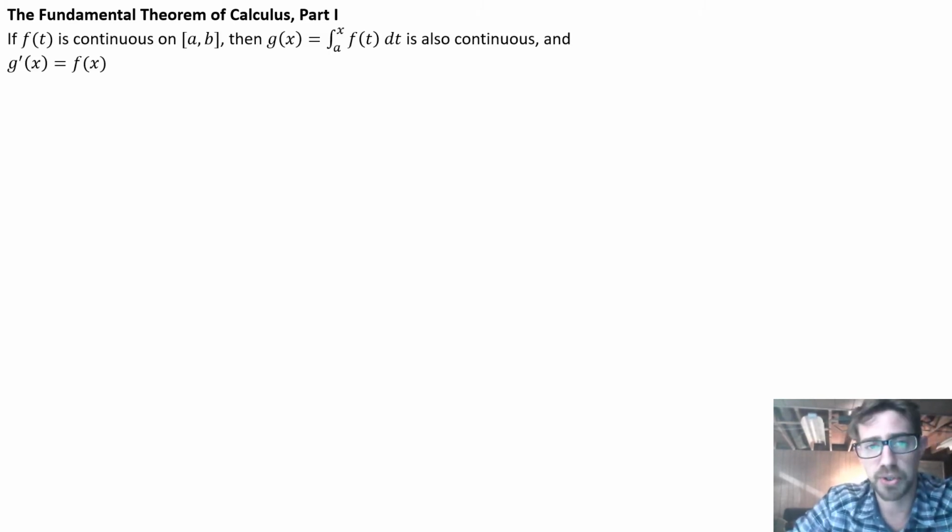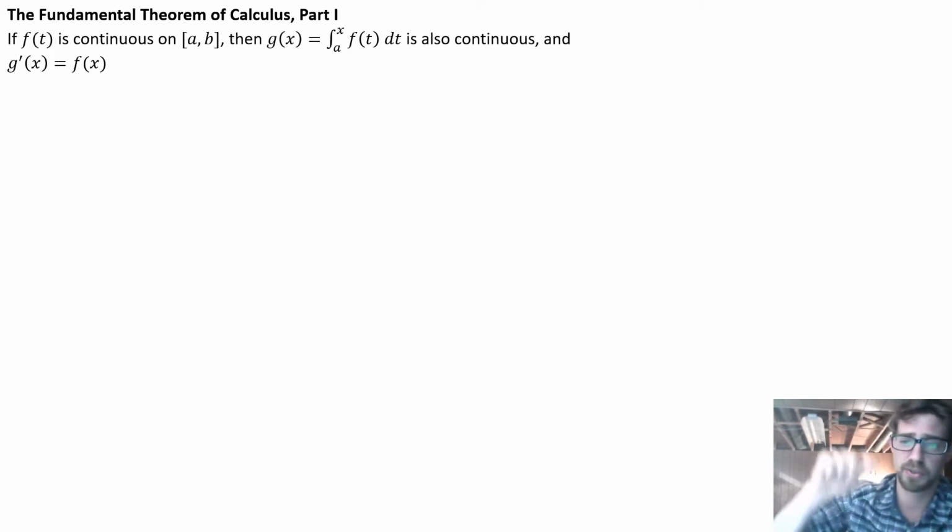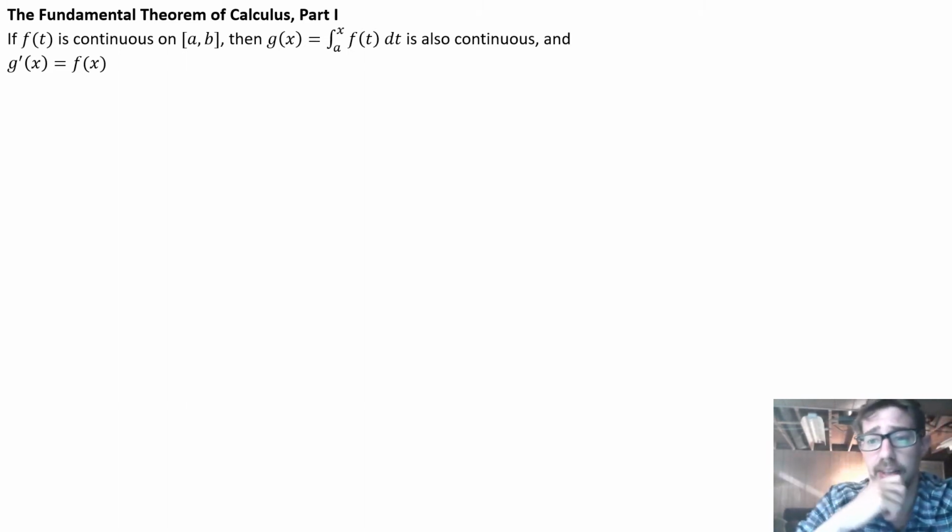So here's the way it's phrased. I kind of simplified it a little. If f of t is some continuous function on some interval, and we want to find the area under it. So if the curve is continuous, then the area so far function is also continuous. In other words, if the original graph doesn't jump, its area will also just go up and down smoothly, which we saw from the two we just graphed. So the area so far function is some other continuous function, and in particular, the derivative of the area so far function is the original function, except we had to replace it with x.